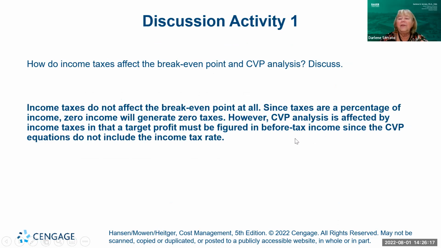It does affect the number of units because you're going to have to subtract taxes from operating income to get after tax profit. Okay, so the basic CVP formula looks at before tax profit, operating income minus income taxes gives you your after tax profit.